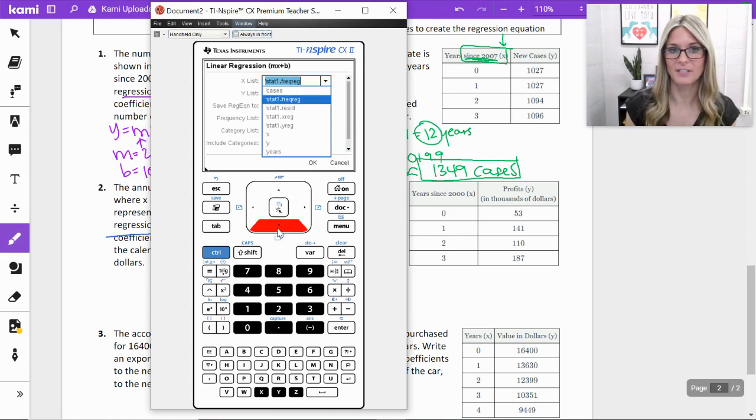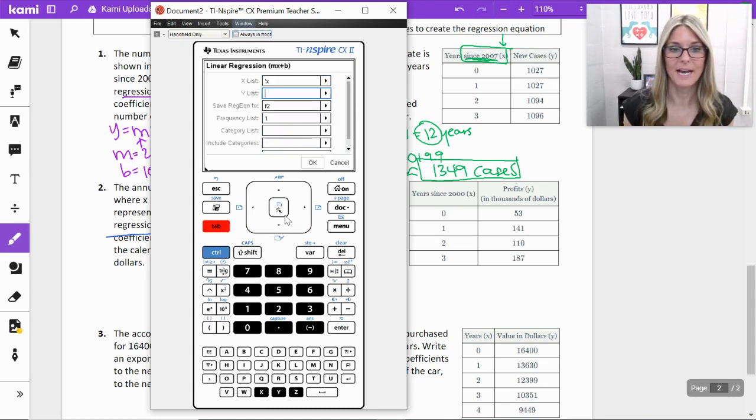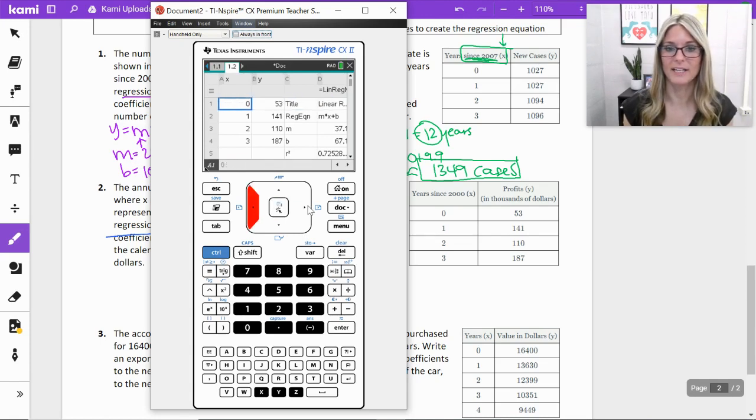There's a lot of different data in here from where we solved last time. I just named them X this time for years since 2000 for this problem number 2. Using tab, let's get my Y for profit. And okay. I've got column A has all my years since 2000, X values. Column B is my profit.